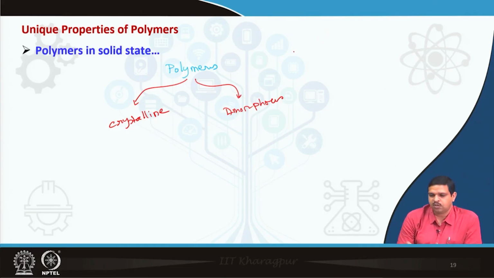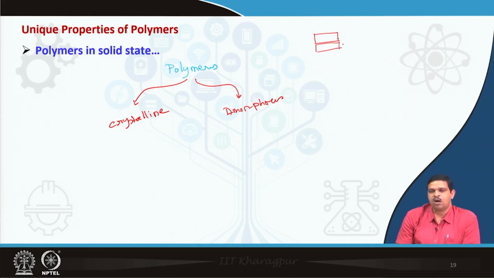It will be like this one. That means this is not ordered and this is ordered. So, this is crystalline and this is amorphous. This is a very qualitative pictorial presentation to understand the ordered and non ordered structure.